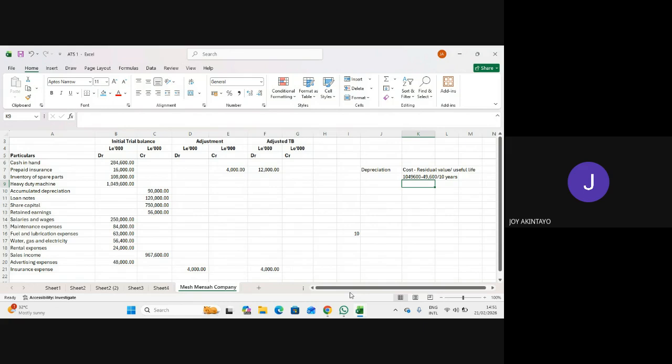That's 100,000 naira. So 100,000 naira will be under depreciation.